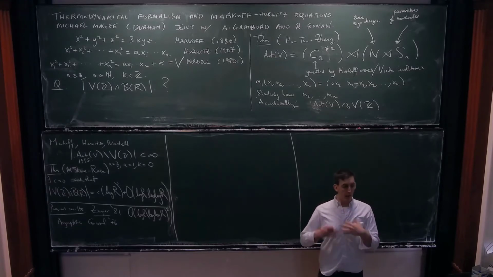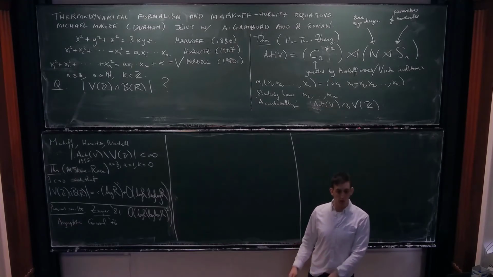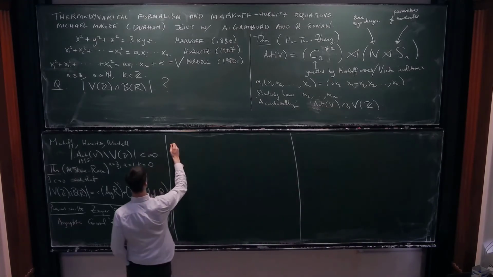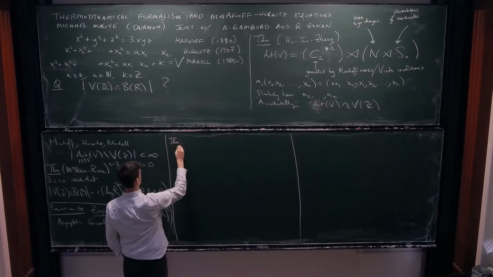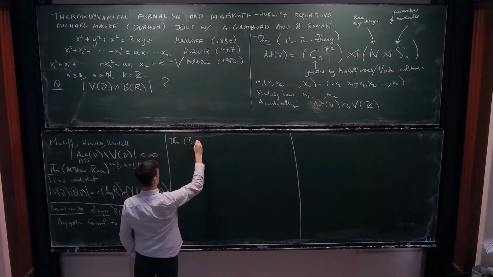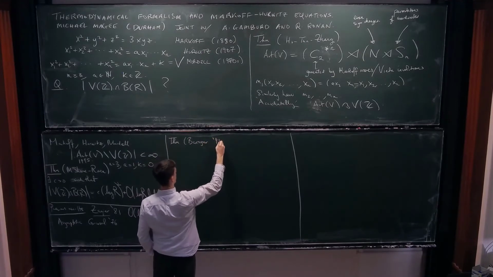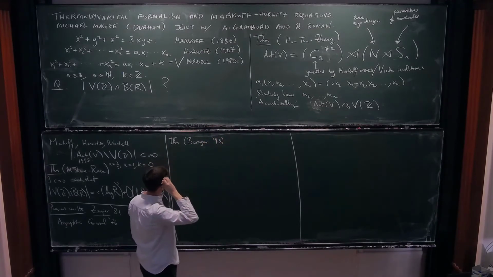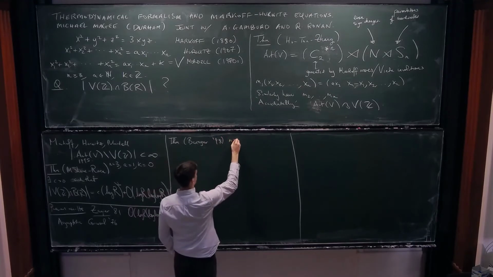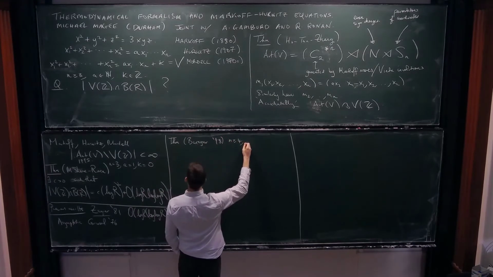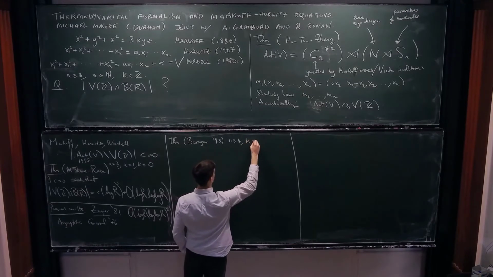So I'm going to write the best result that he obtained, right, which is 1998. So let n be at least 4. He doesn't care about what a is, as long as it's a natural number, but he needs k to be 0.